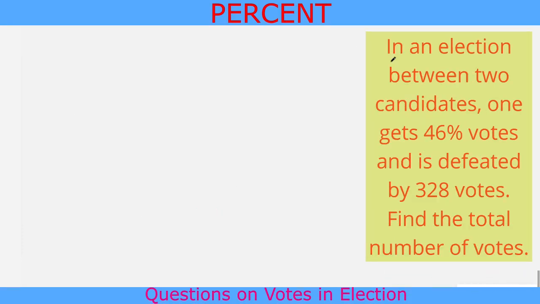The next question is, in an election between two candidates, one gets 46% votes and is defeated by 328 votes. Find the total number of votes. Easy question, just like the last question.